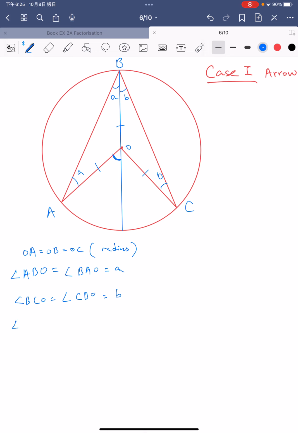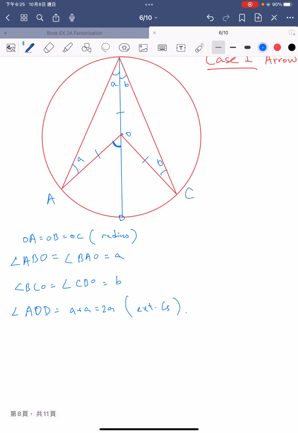If we call this D, we have the angle AOD, which is actually equal to A plus A, giving you 2A. The reason for that is the exterior angle.